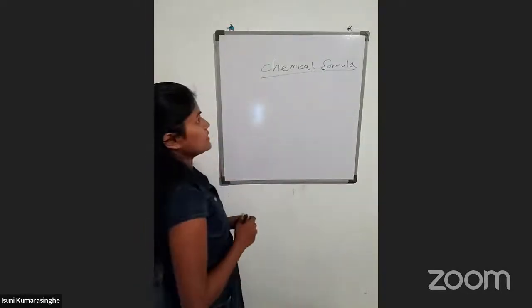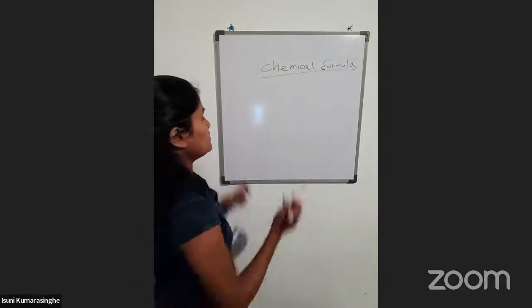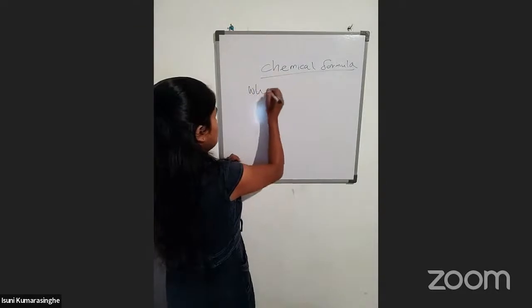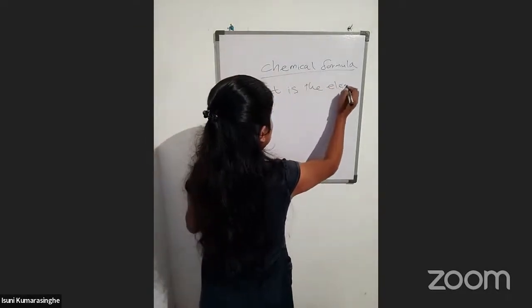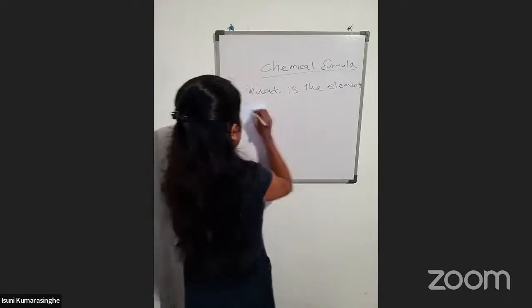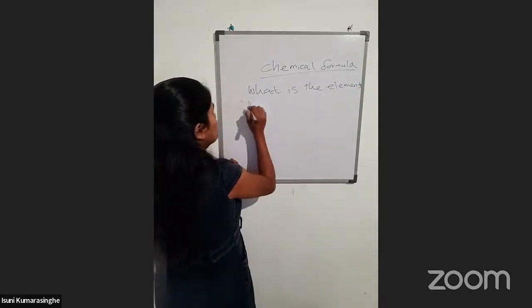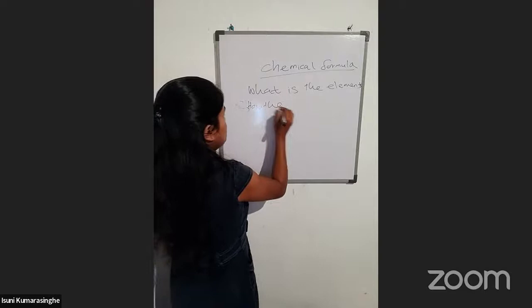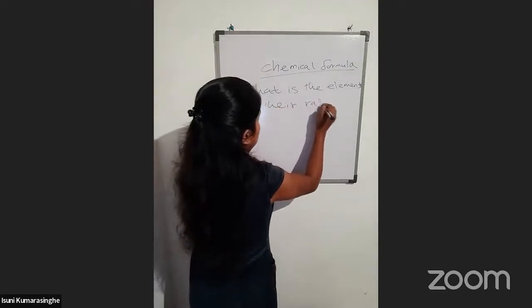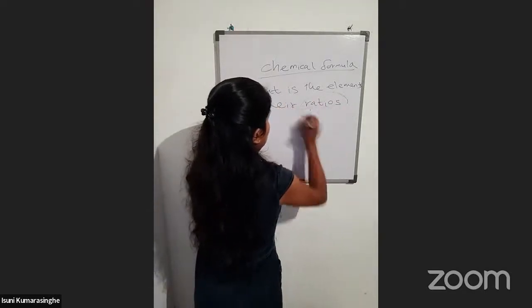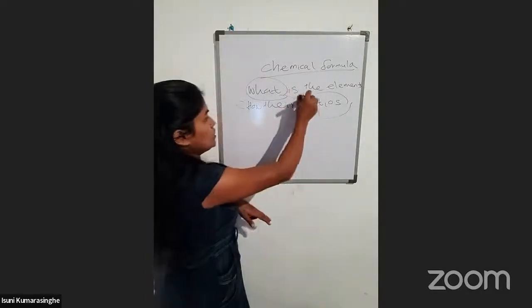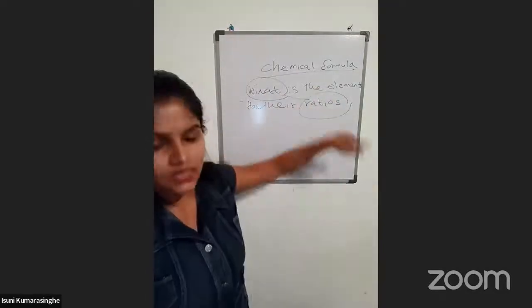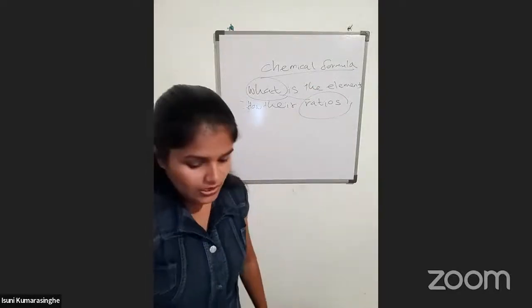Let's say, as an example, the formula tells us what the elements are and what their ratios are, elaborated with the chemical formula of a compound.